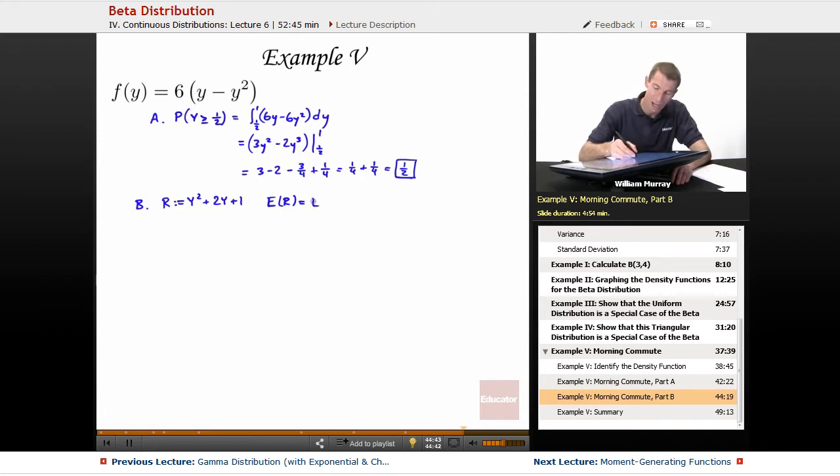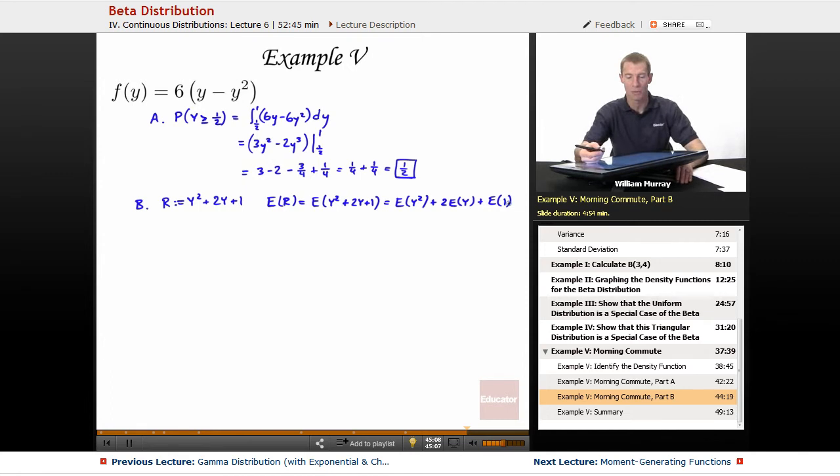The expected value of r is the expected value of y squared plus 2y plus 1. But that's equal to the expected value of y squared, this is using linearity now, plus 2 times the expected value of y plus the expected value of 1, but the expected value of 1 is just going to be 1.